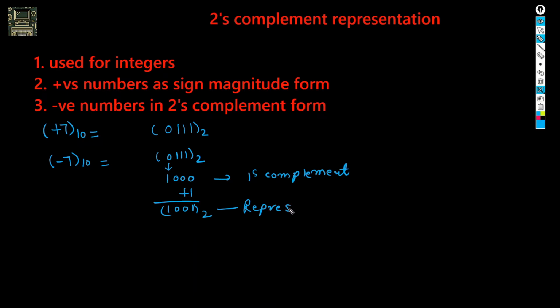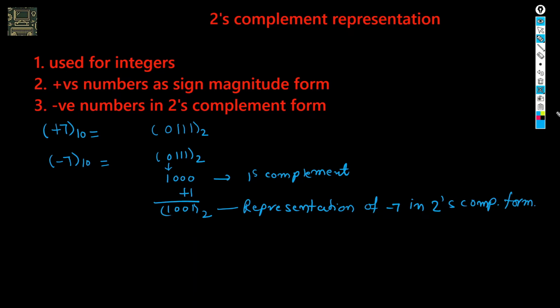So this is actually the representation of minus 7 in 2's complement form. Always remember that whenever you have any number represented in 2's complement representation, the first bit is always indicating the sign of the number.